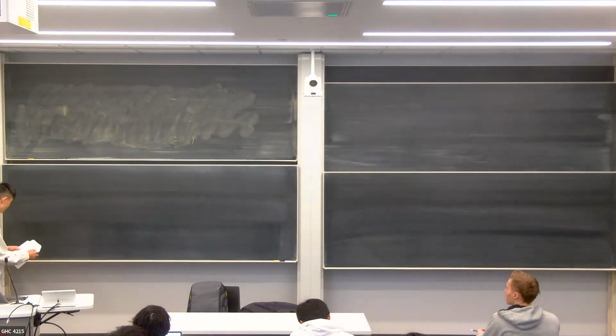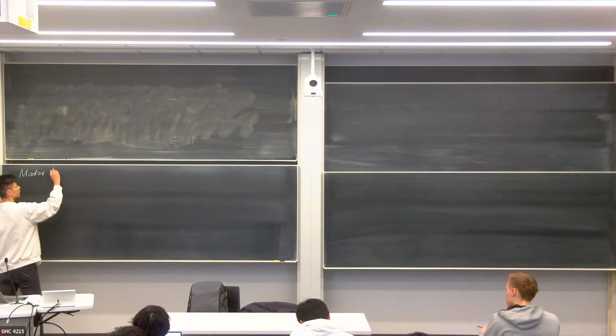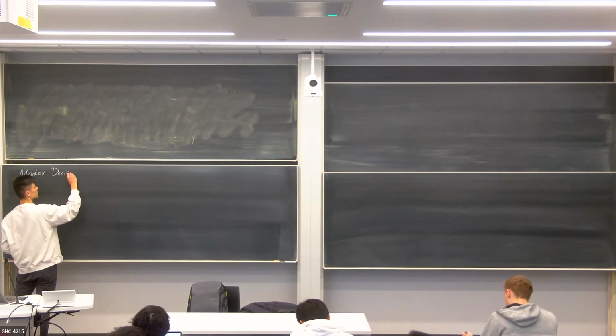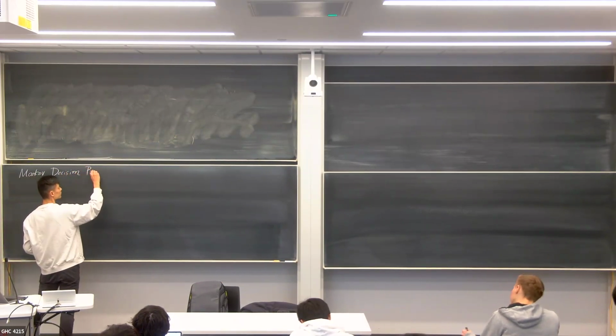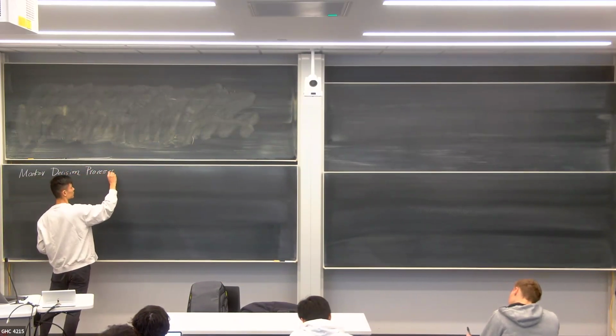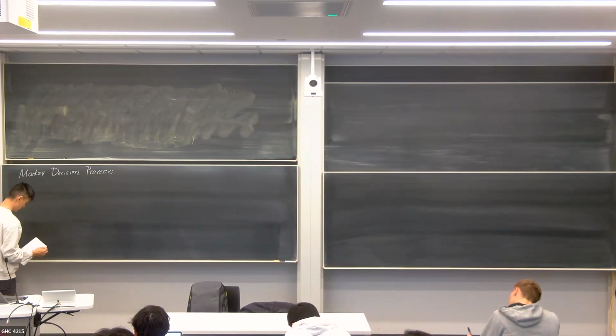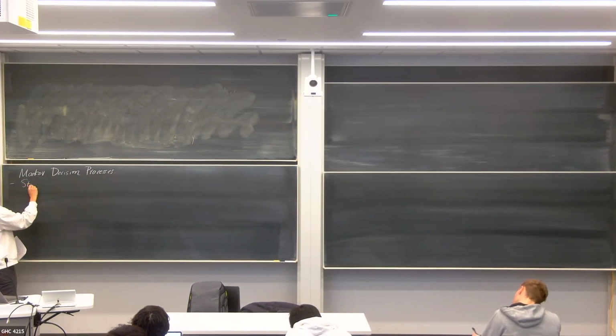So yeah, I promise there'll be some notations, but it's not crazy. So, Markov decision processes. This is a general formulation. It involves a few elements.